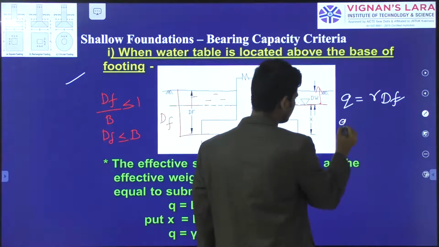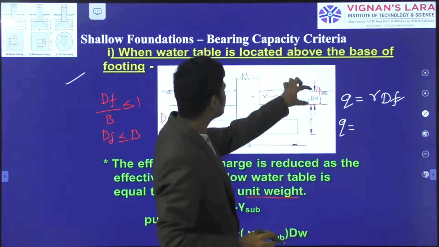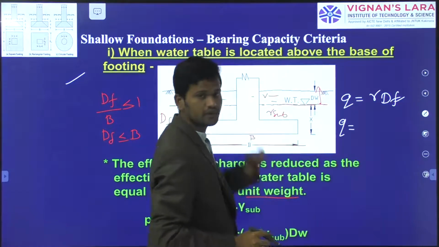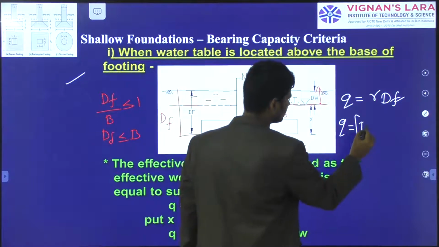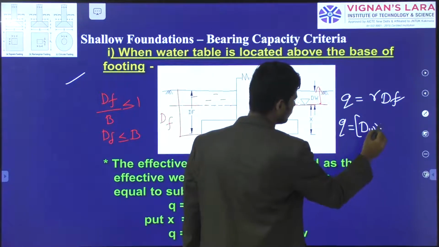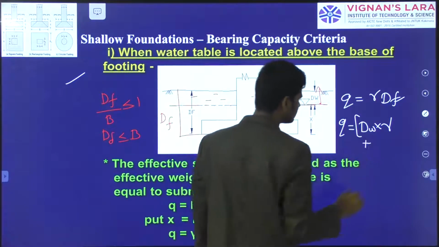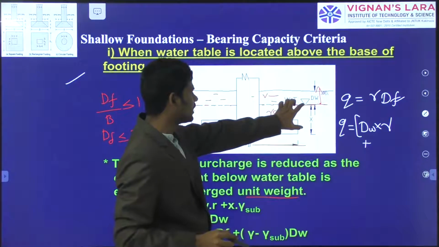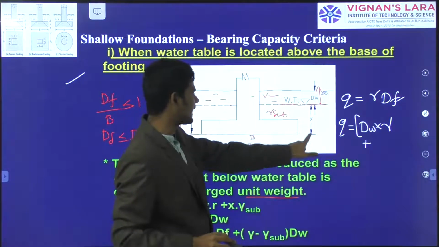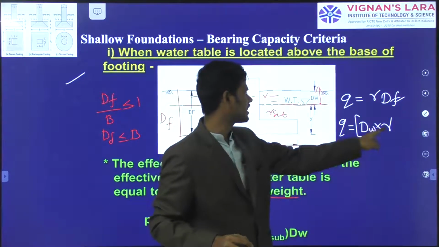That is, surcharge pressure q equal to depth of water table dw into unit weight of the soil mass gamma, plus next we have this depth, at x depth, from the depth of the water table, where we have the unit weight of the soil mass as gamma.